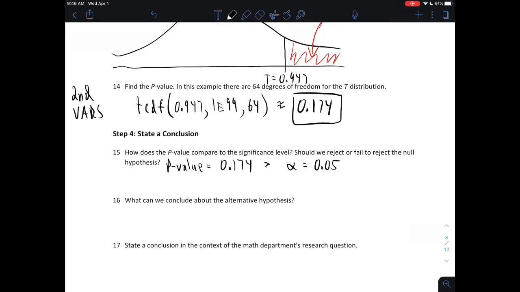So since we have the p-value is greater than the significance level, this tells us to fail to reject the null hypothesis. So if we fail to reject the null hypothesis, as we've seen in some examples from the prior lessons, the data does not support the alternative hypothesis. That's our answer for number 16.